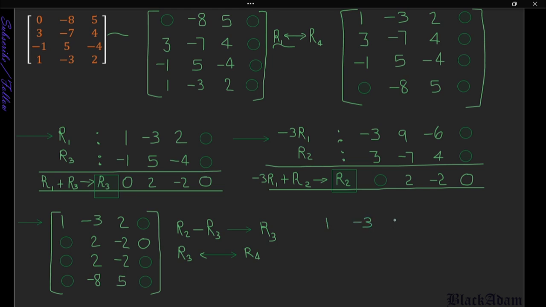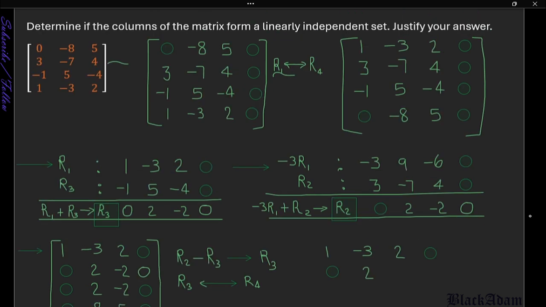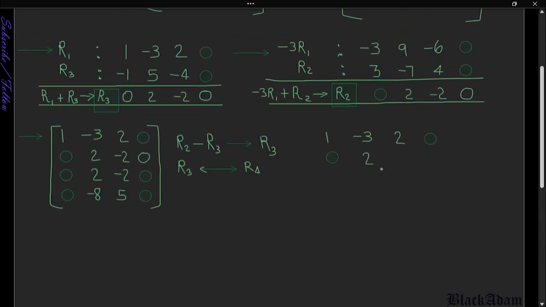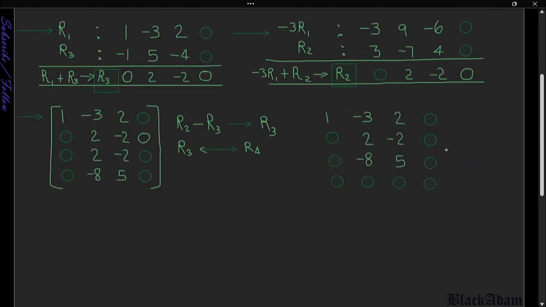Row 1 stays 1, -3, 2, and 0, and row 2 remains as it is, 0, 2, -2, and 0. Then the third one, remember fourth comes to third, so 0, -8, 5, 0, and the last one is 0, 0, 0, 0. So those are the changes that we made.